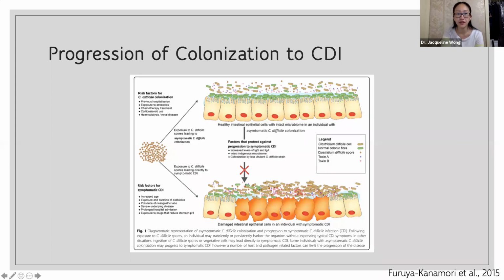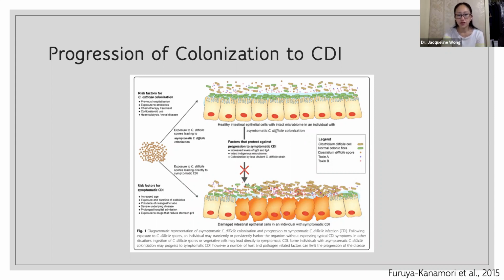And then on the bottom left here, in terms of risk factors for progressing to symptomatic CDI, there was a recent meta-analysis that looked at what factors might predispose patients to developing symptoms.